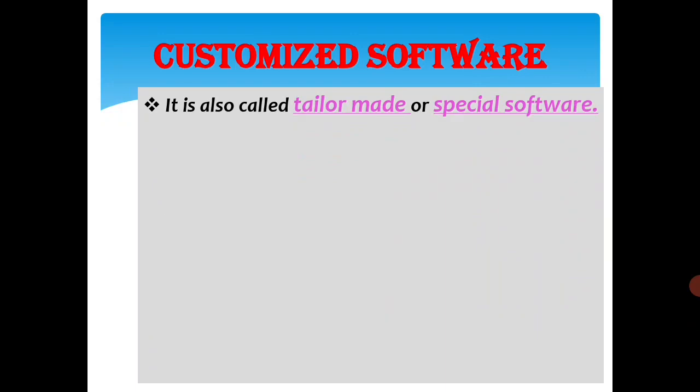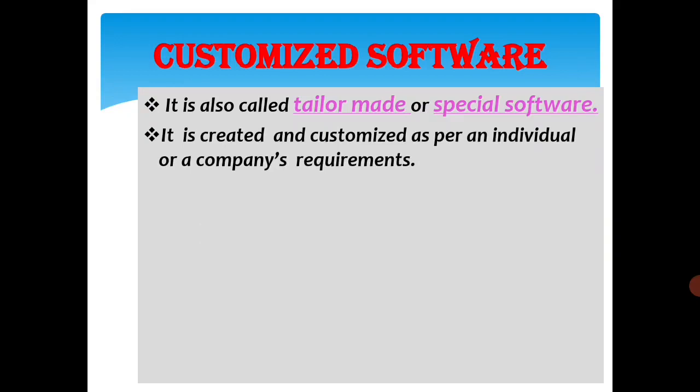Why is it called tailor-made or special software? If a particular user wants some software for their purpose, someone creates that software for that person alone, and that is called customized software. It is created as per an individual's or a company's requirements.